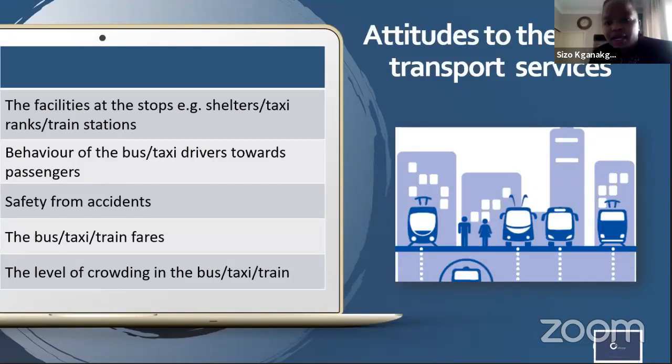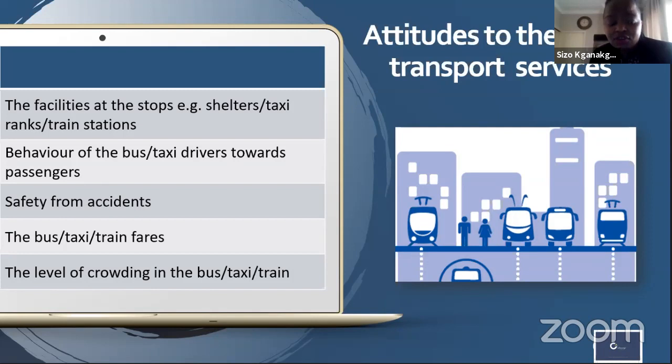And then looking at attitudes towards public transport facilities, some of the biggest concerns from consumers are with regard to facilities, and then the type of service that they get from the bus drivers or the taxi drivers towards the passengers.